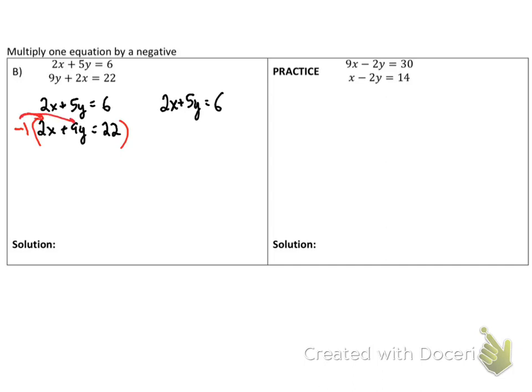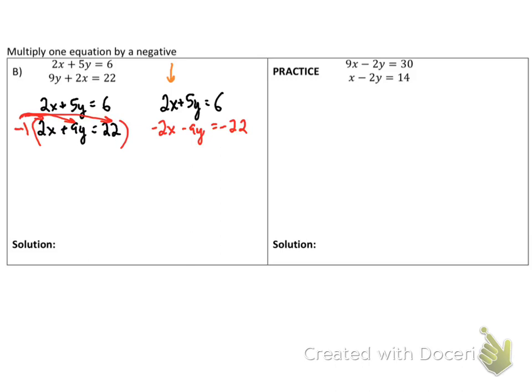I got to distribute that negative to everything. So if I distribute that negative, it's going to be negative 2x minus 9y equals negative 22. Now I have opposite coefficients right here on the x term.